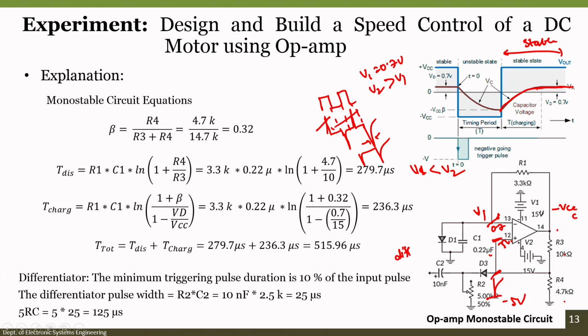Since the output is minus VCC, the capacitor starts discharging. Right now you are in this stage, and it discharges until it reaches minus beta times VCC. The complete calculation of a monostable multivibrator as well as an astable multivibrator working experiment we have already seen in the previous course.